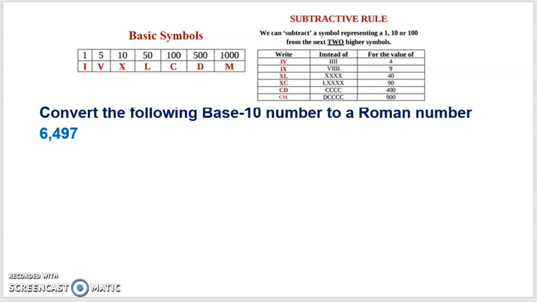The first number I would like to convert is 6,497. That was the one we started with that caused the problem in the first place. Write that in extended form. So that is 6,000 plus 400 plus 90 plus 7.